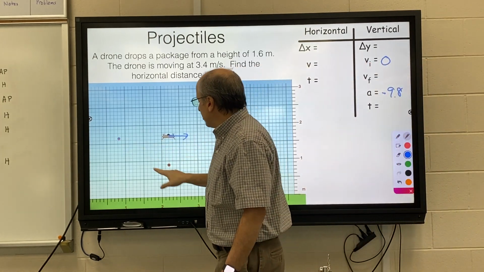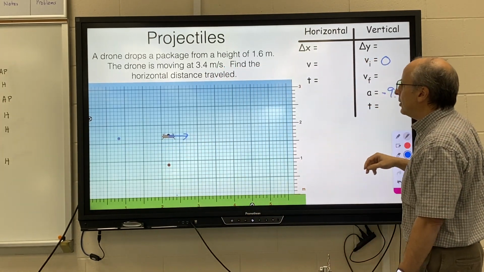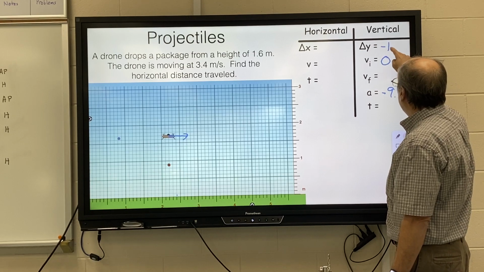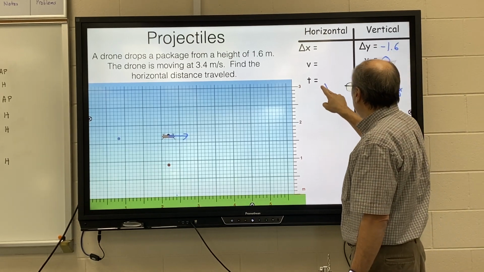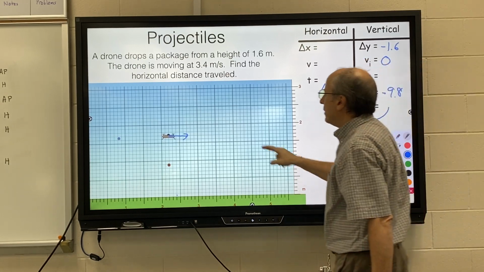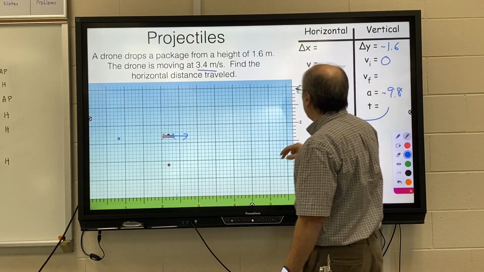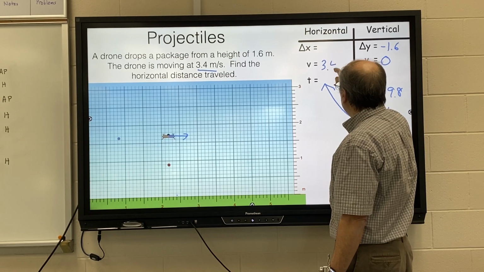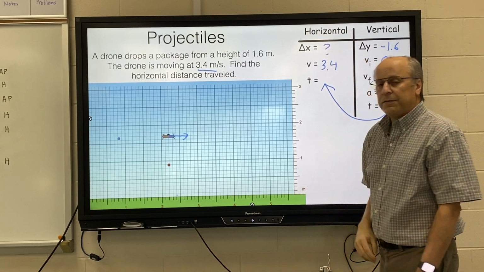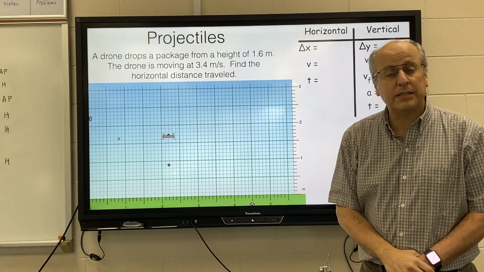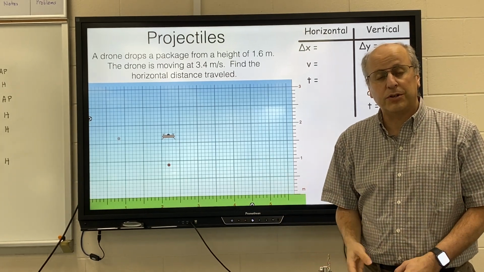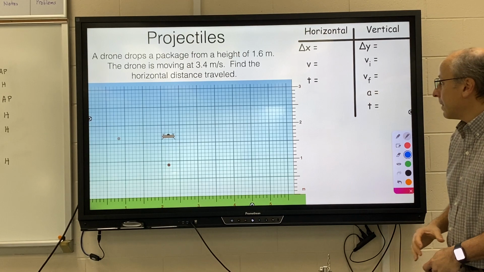The projectile is going to go down, so you want to make sure you make your delta y negative. You want to solve for your time, move it over here. The speed it was moving horizontally goes in here, and you solve for delta x. Again, if you don't remember how to do this after I gave you that refresher, reach out to me.